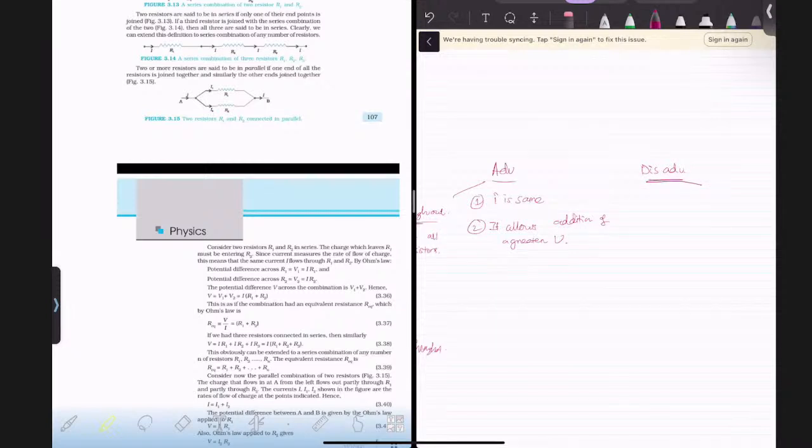Disadvantage here is if a single part has some problem, the whole circuit will be broken.